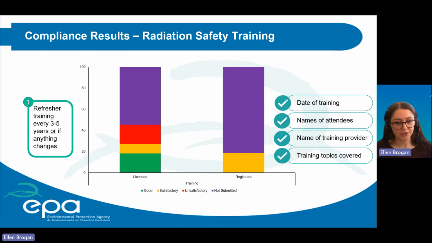Records of radiation safety training were requested, but the majority of licensees and registrants didn't provide any records. Even though they had stated in the previous question that this training is provided, some respondents did mention that training had been provided on an informal basis, so they did not keep records, but records must be kept as documented evidence.